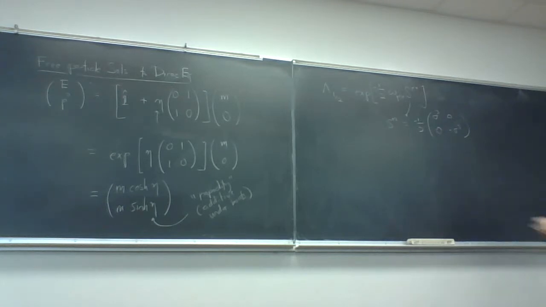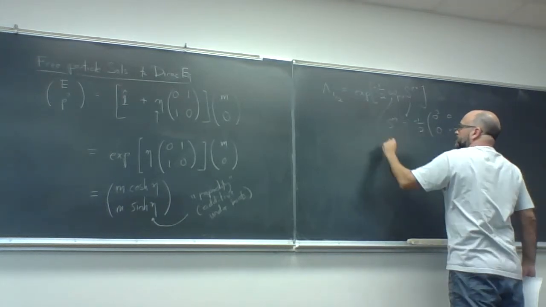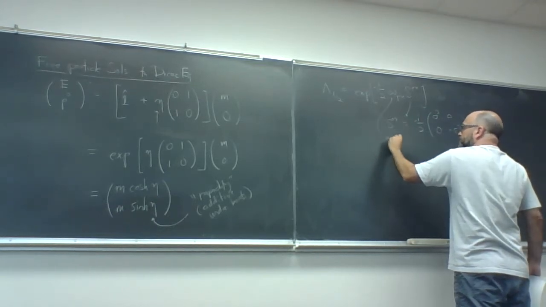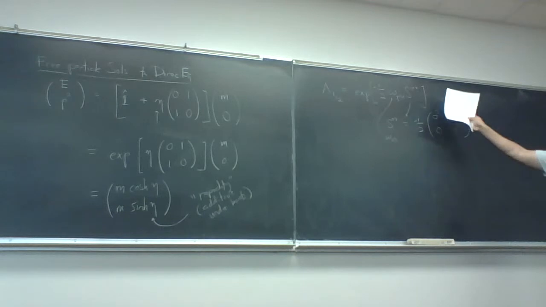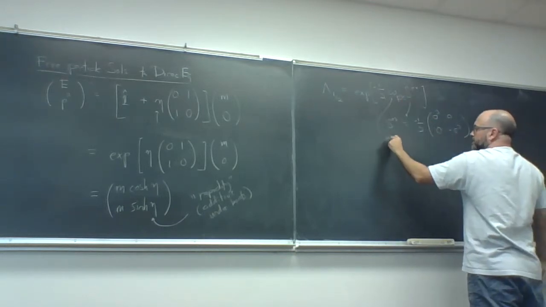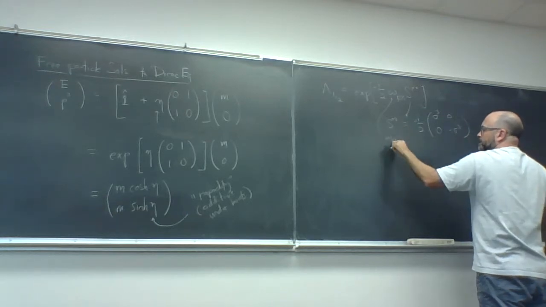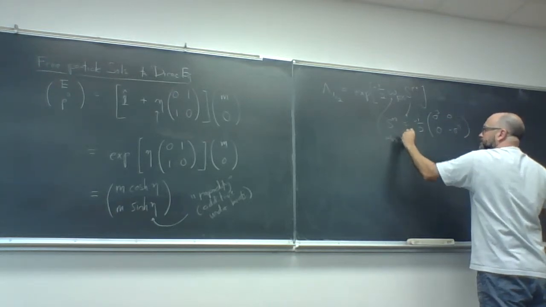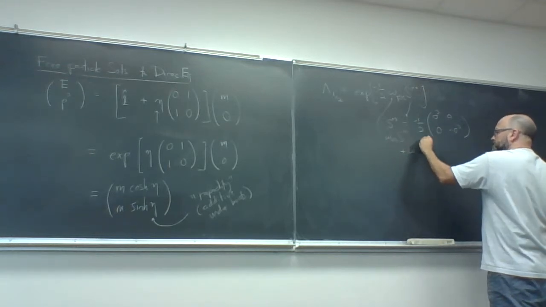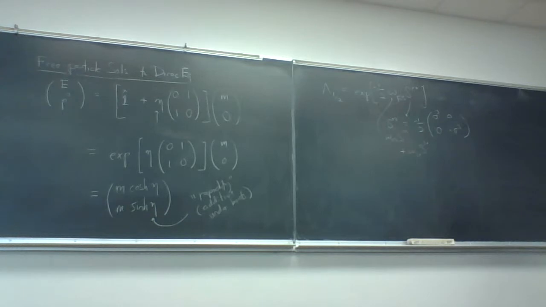Okay, so that means that the only pieces that are going to come out of this are the omega 03. But there's going to be two terms there. When we sum over the mu's and nu's, there's going to be one term that goes like omega 03 S03, and also a term that goes like omega 30 S30. So it's going to give us a factor of 2. Just keep that factor of 2 in mind.